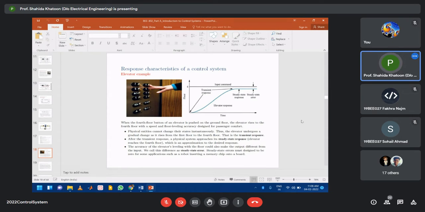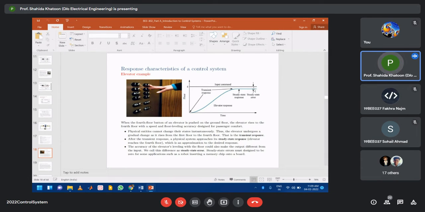So after the transient response, a physical system approaches its steady state response. That is, the elevator reaches the fourth floor. So this is the steady state response, which is an approximation to the desired response, right? So the accuracy of the elevator's leveling with the floor could also make the output different from the input.